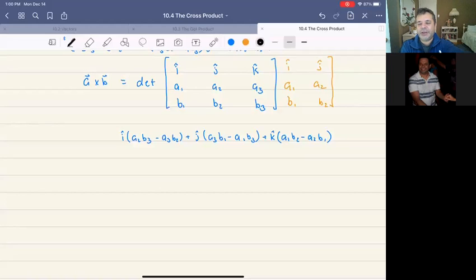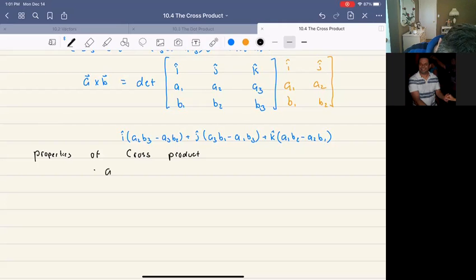Okay, I said I would come back with calculating cross products, but no, we want to do some cross product properties. One, first, A cross B is perpendicular.